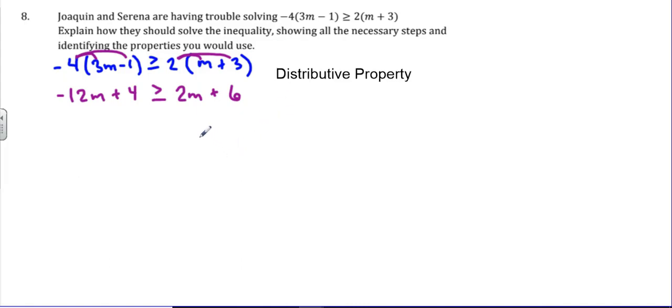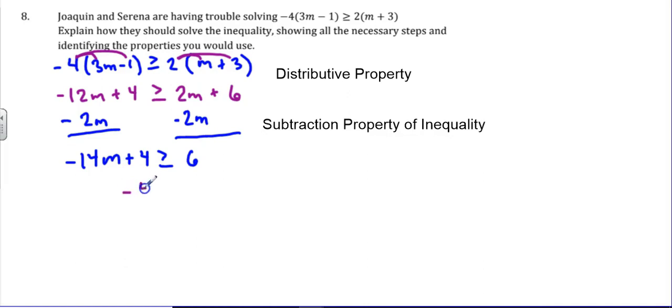All right, next I'm going to use the subtraction property of inequality to subtract 2m on both sides of the inequality. So that way all my m's are together. And here again I'll do the subtraction property of inequality to subtract 4 on both sides of the inequality symbol.